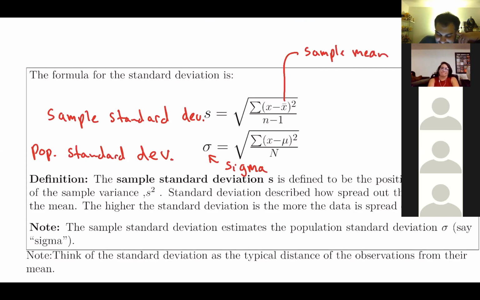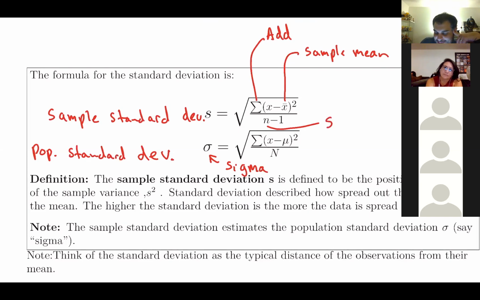All right. What does this mean? Oh, to add. All right. What does the n represent? Sample. Perfect. Oh, sample size.